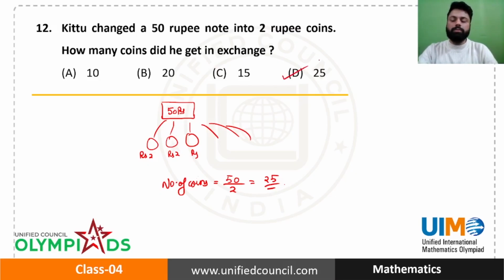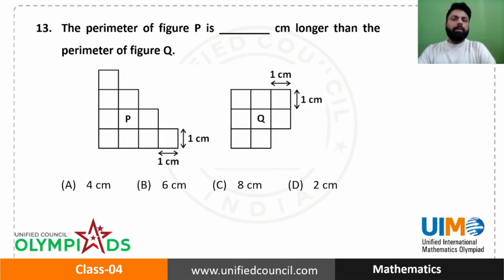The perimeter of figure P is dash centimeter longer than the perimeter of figure Q. Let's start from here. 1, 2, 3, 4, 5, 6, 7, 8, 9, 10, 11, 12, 13, 14, 15, 16. So the perimeter for figure P is 16 centimeter.